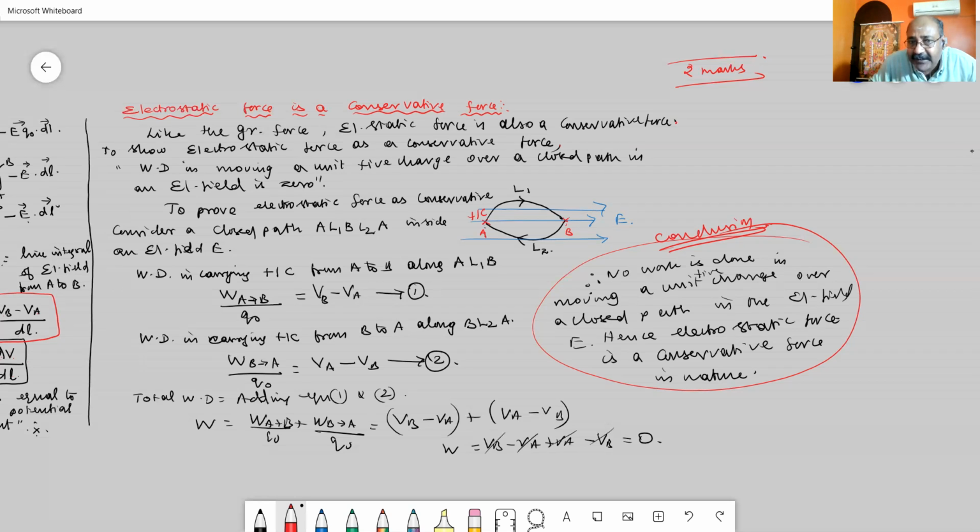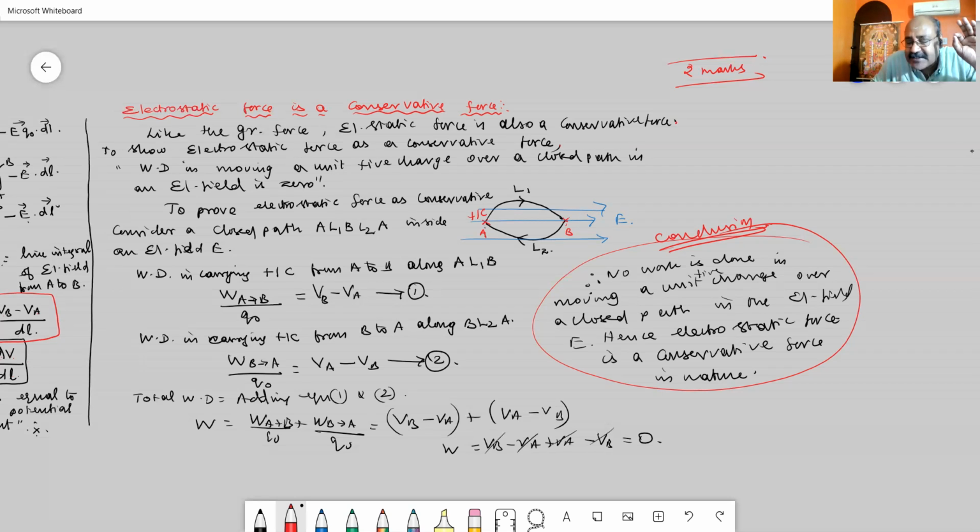So the closed path is A, L1, B, then B, L2, A. To prove the electrostatic force is conservative, consider this closed path A, L1, B, L2, A inside the electric field.